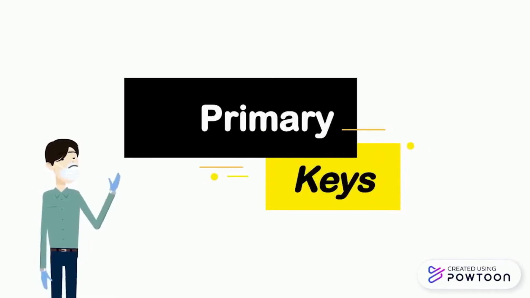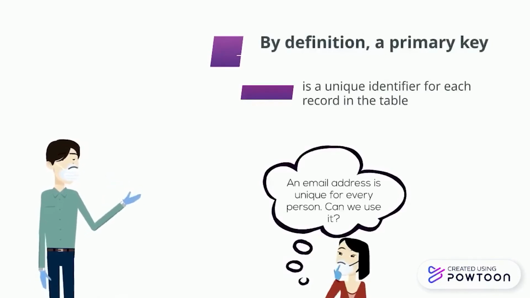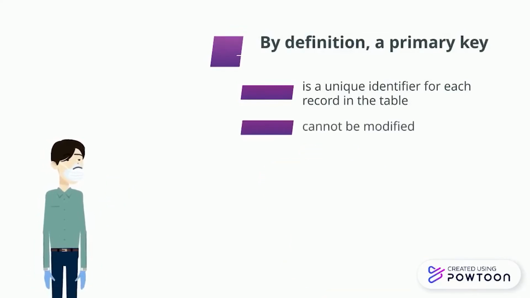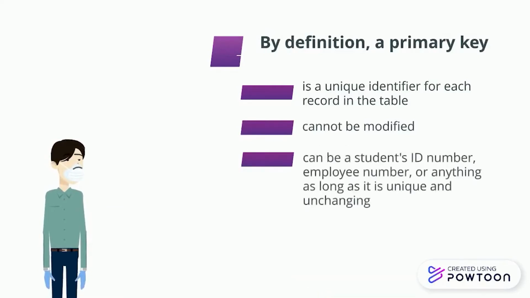Let's proceed to primary keys. By definition, a primary key is a unique identifier for each record in the table. Cannot be modified, can be a student's ID number, employee number, or anything as long as it is unique and unchanging.